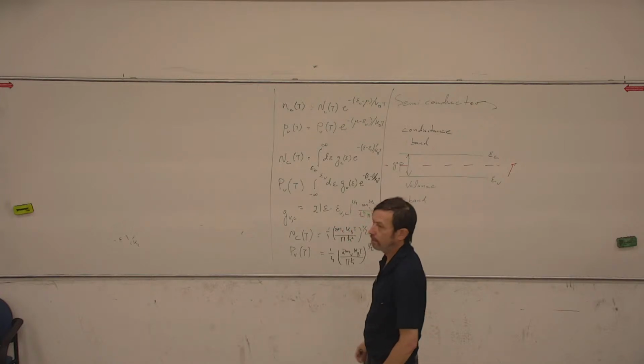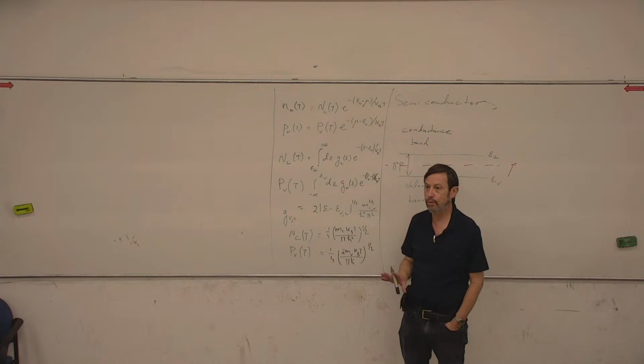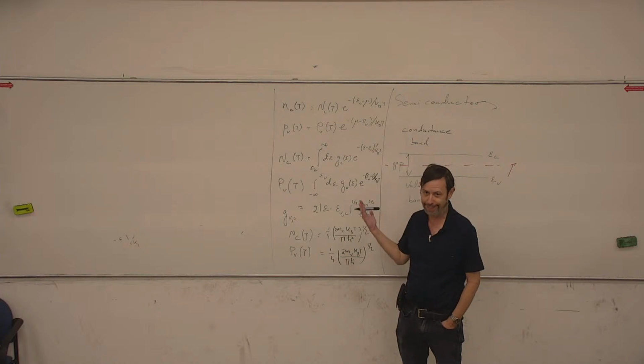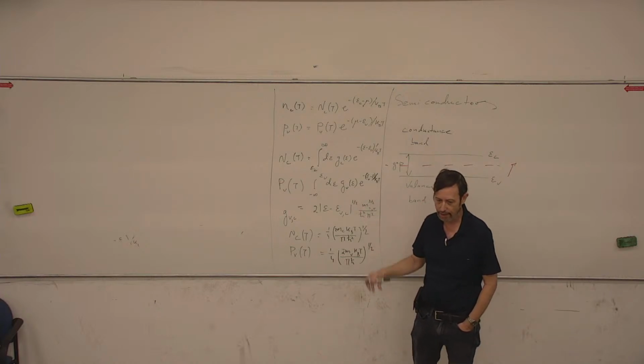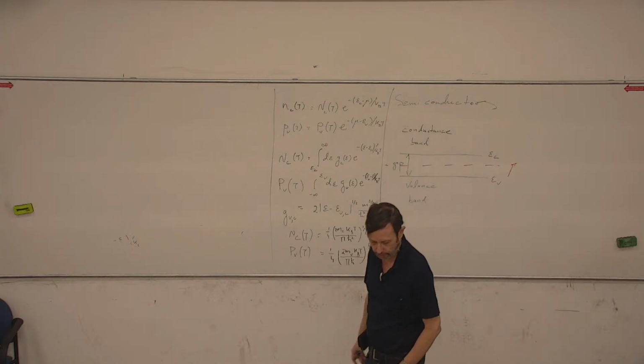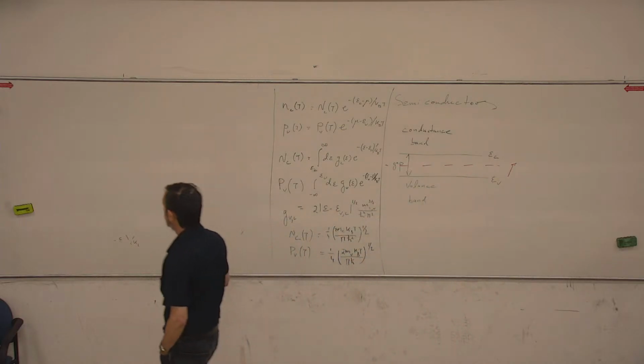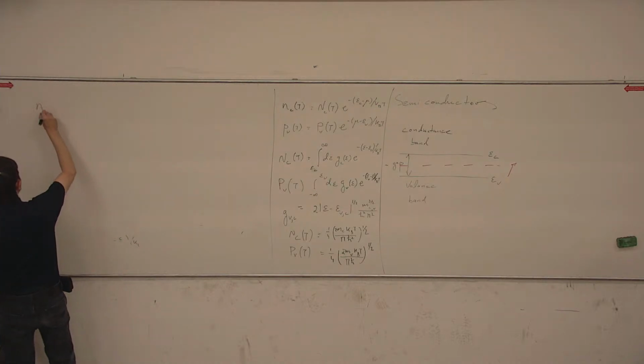Okay, as long as I didn't put in impurities, and I haven't yet put in impurities, I have a very cute connection here. Let's multiply NC by PV.